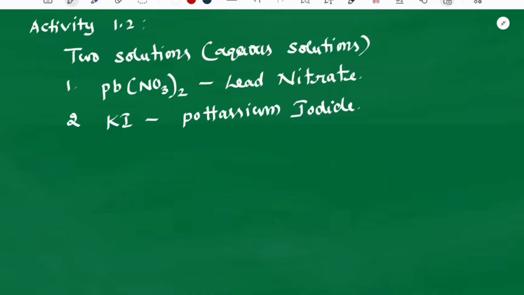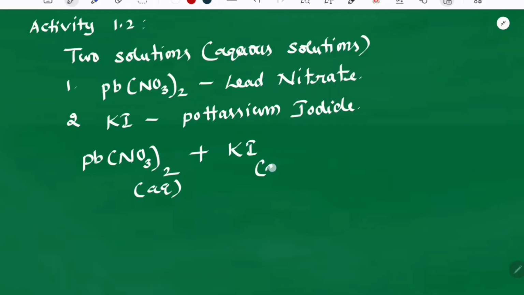Let us see what happens. Lead nitrate is an aqueous solution. Then potassium iodide is also an aqueous solution.